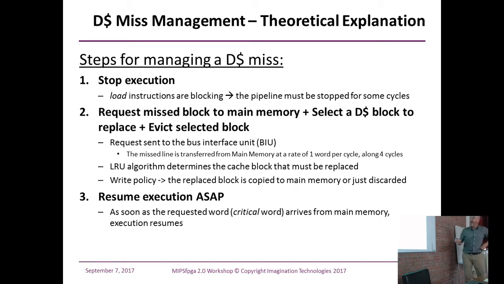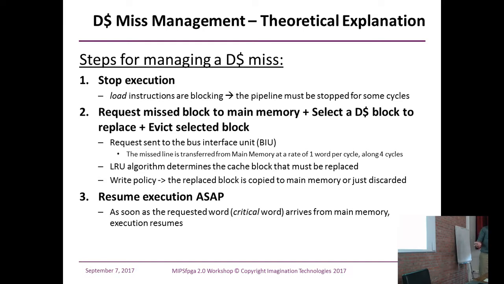And also, probably we need to update the block to main memory in case it's dirty. If we are using a write-back policy, the block may have been written and not updated in main memory. So when we evict it from the cache, we have to update it to main memory, right? All these things we have to do when we detect a data cache miss.